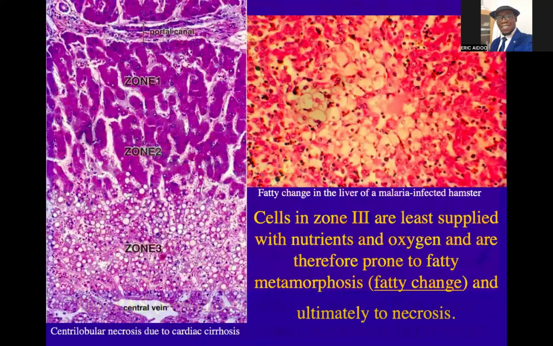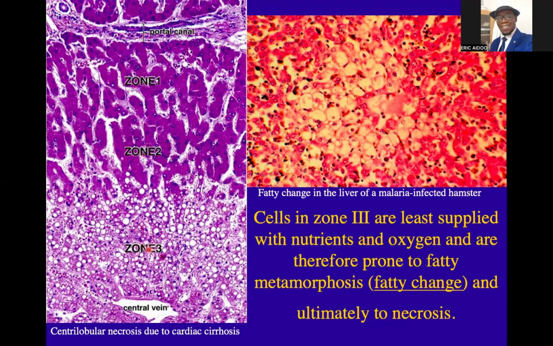So in the hepatic acinus of Rappaport, you have these zones: zone 1, zone 2, zone 3. Zone 1 is near the portal triad, or the portal canal. So you have a portal triad there, and another portal triad there. We know that zone 1 receives a lot of the oxygen and food in the blood, followed by zone 2.